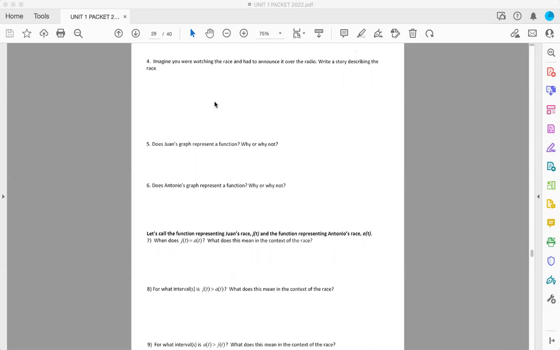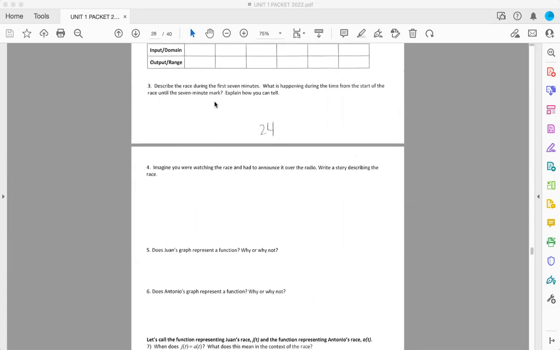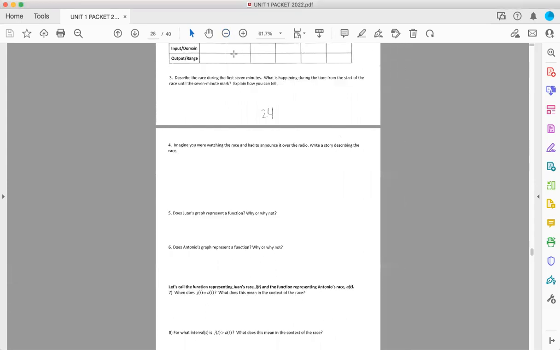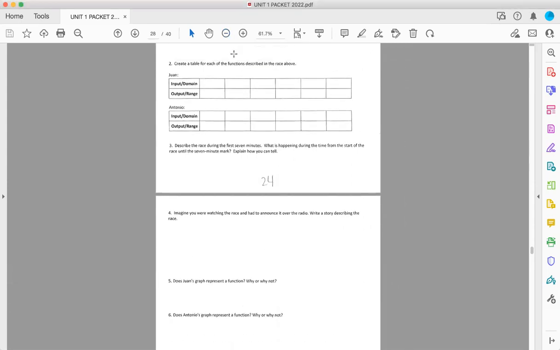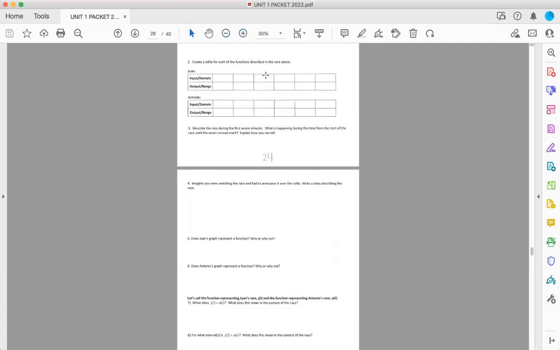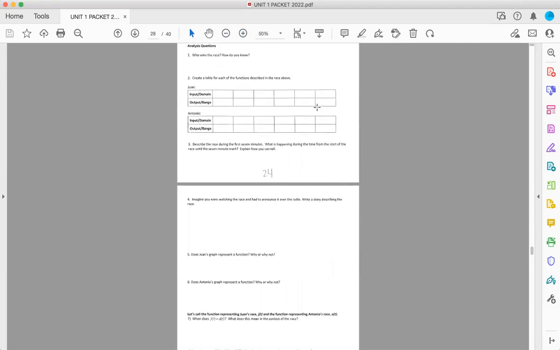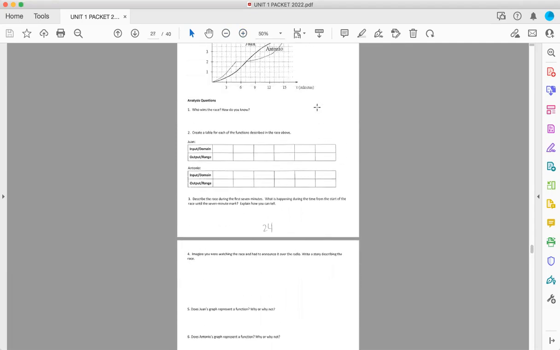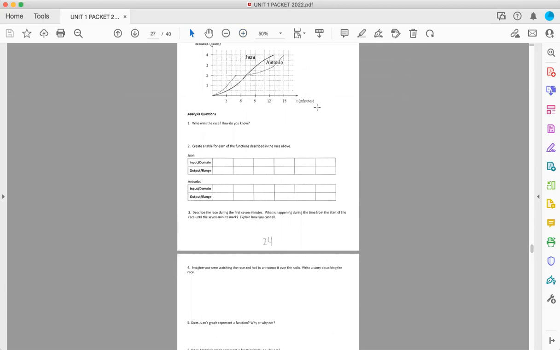Number 5, does Juan's graph represent a function? Why or why not? So if you look at the graph, go back here, it's difficult to be in 2 pages at once. This is too small. So excuse me. Does Juan's graph represent a function? Now remember, when we talked about functions, we dealt with the vertical line test. And here, no matter where we draw a vertical line, if we're dealing with Antonio's graph or Juan's graph, think about them, they're separated, right?